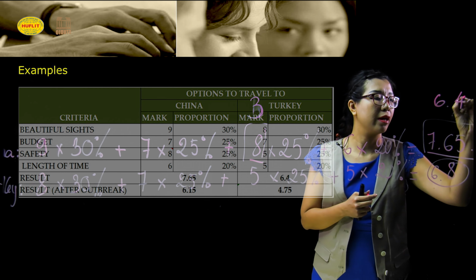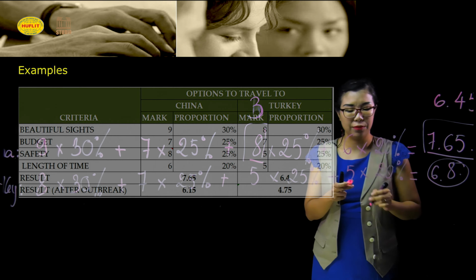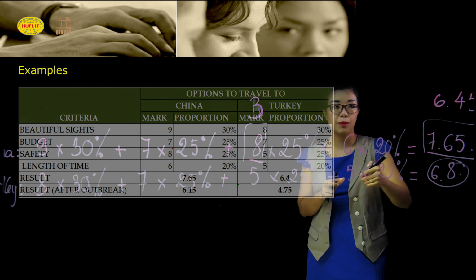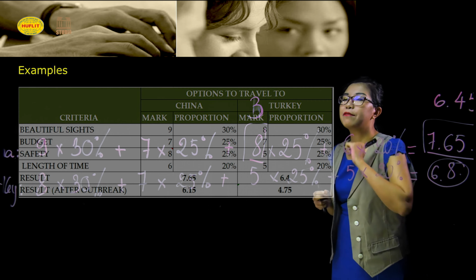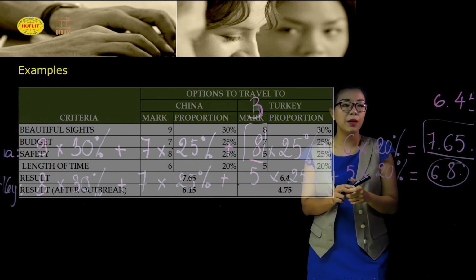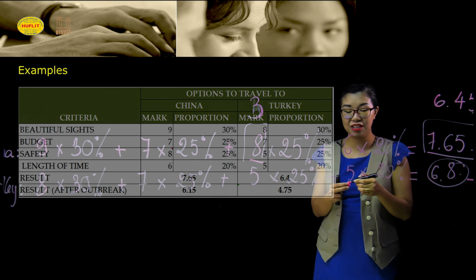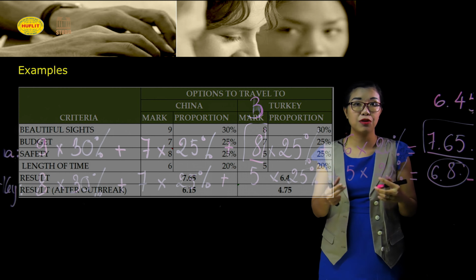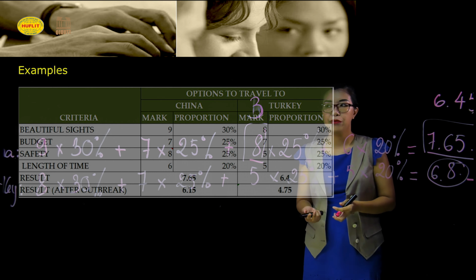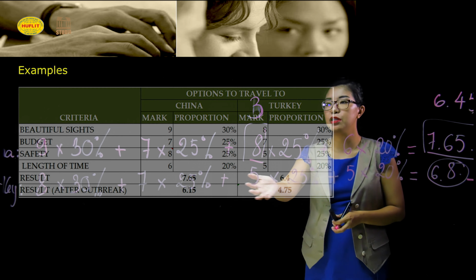All right, so the new result changed because of the safety level change. So if we compare to Turkey right now, of course, our decision changes and deviates based on the real situation right now.